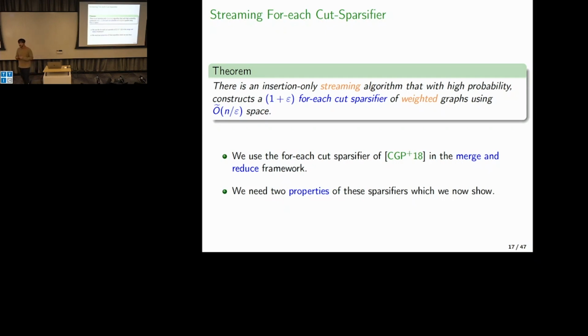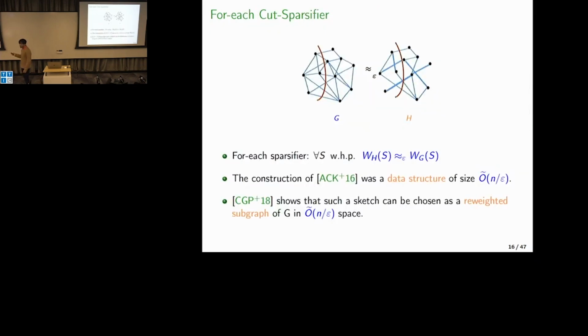Just one question. I think the previous sketch algorithm, I didn't completely understand the difference between these two. The CGP+18 is not a streaming result. No, it's not a streaming result. So when you said sketch, what does it mean there?